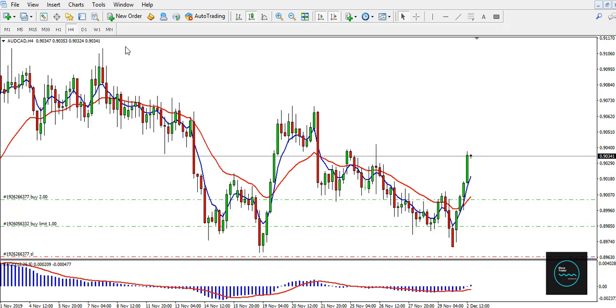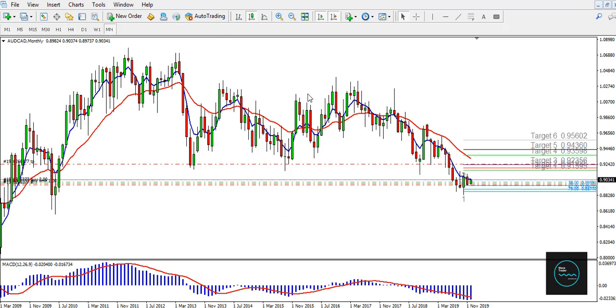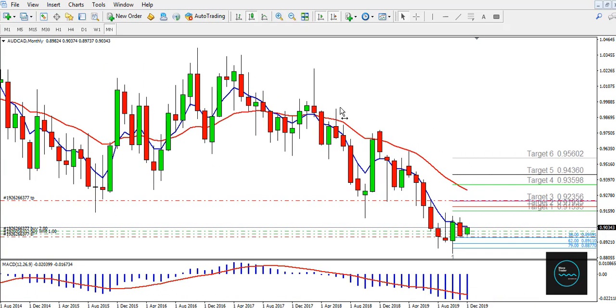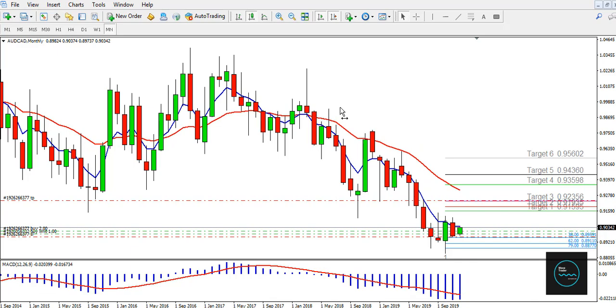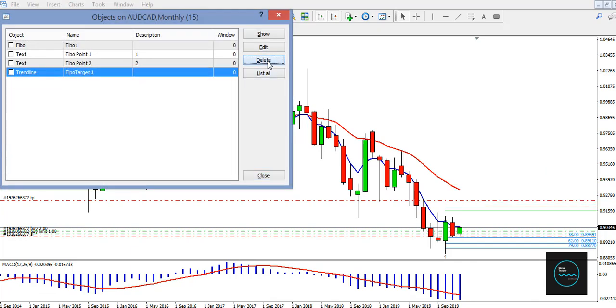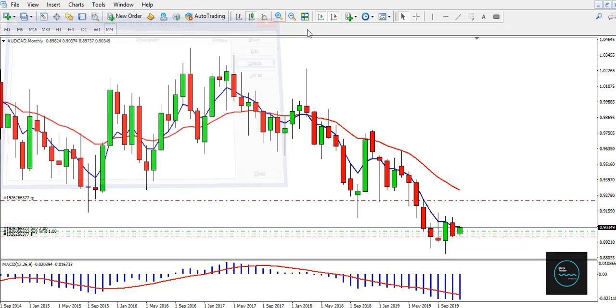Okay, so I'm just going to take you to the monthly chart and give you a top-down analysis of how I got into the trade and what I saw. So now on the monthly chart, you can see that the market is bouncing just as it did here. While we might consider this still to be a downward market, the trend being bearish on the monthly chart, we are looking at a bounce.